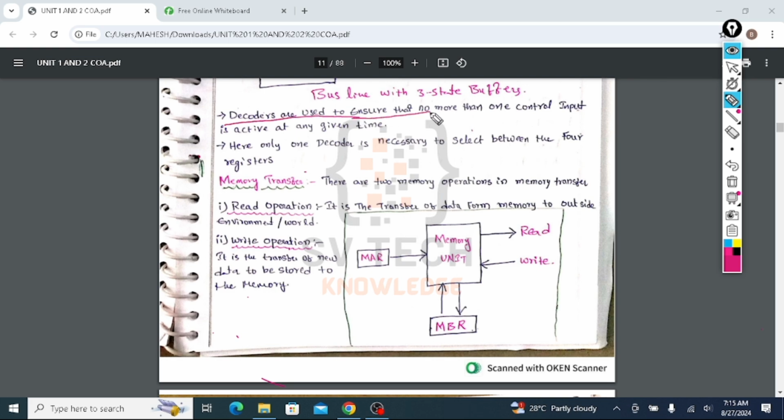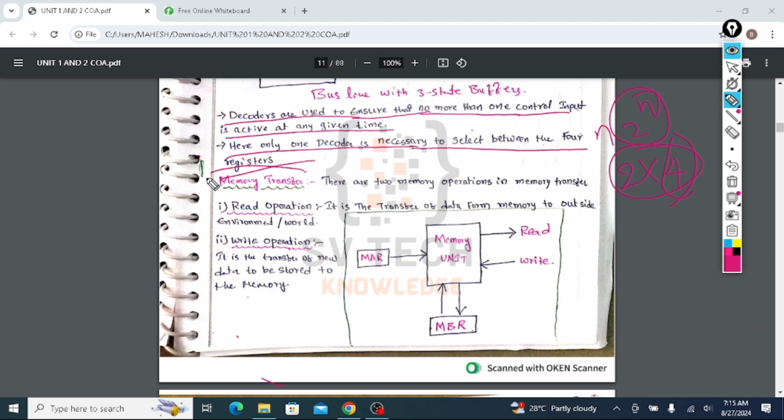Decoders are used to ensure that no more than one control input is activated at any given time. It takes n inputs and gives 2 power n outputs. Here only one decoder is necessary to select between 4 registers. Why? Because it is a 2 by 4 decoder, so 4 possibilities will be there. So this is about the 3-state buffer.